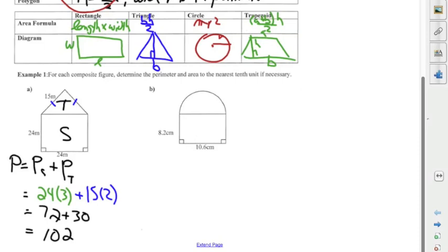Do we have measurements on our diagram? Please remember your measurements in your final answer. You don't need them for intermediate steps, but please put them in your final answer because you don't want to be docked marks for it. Okay?